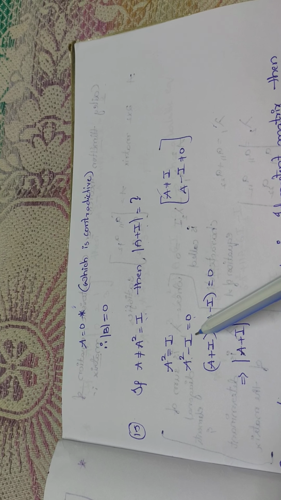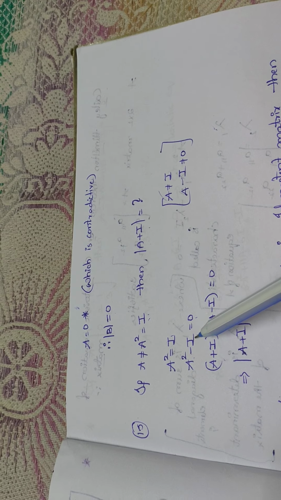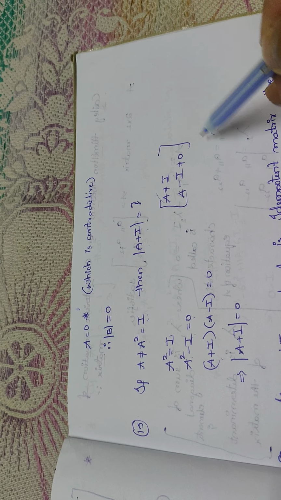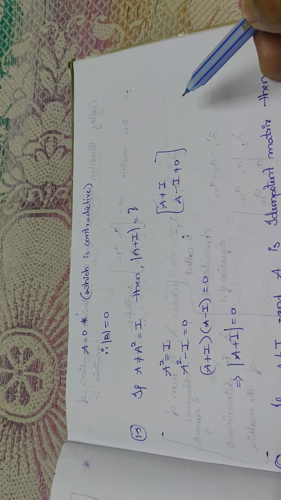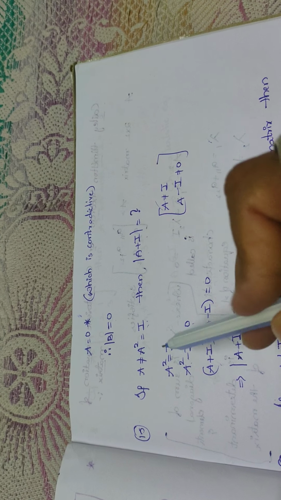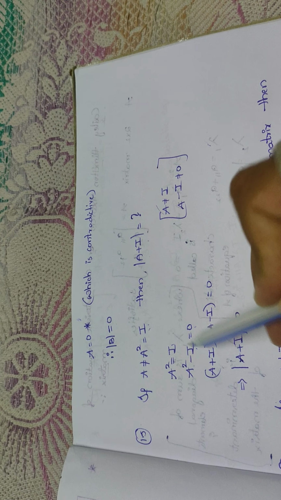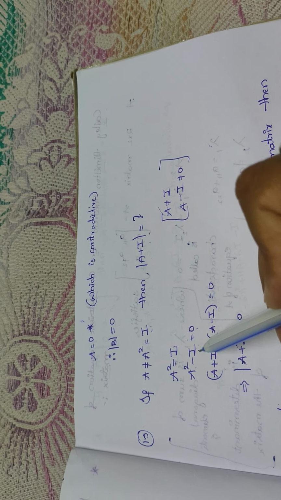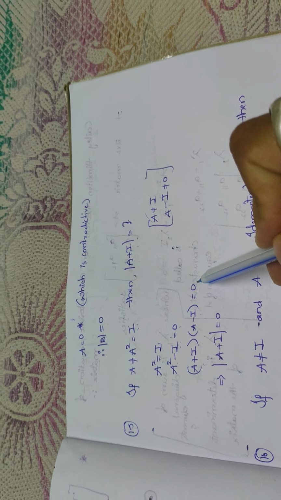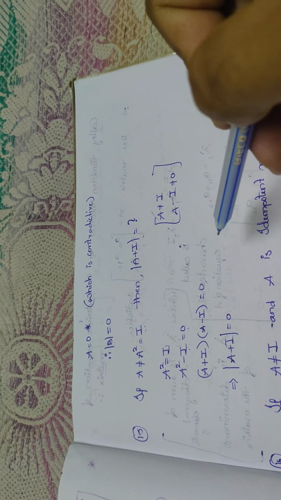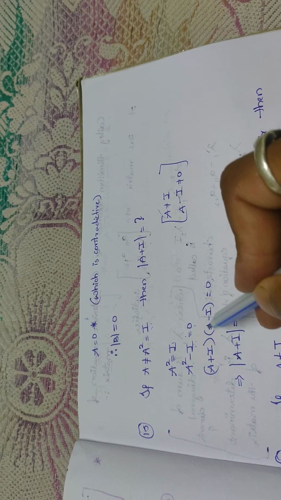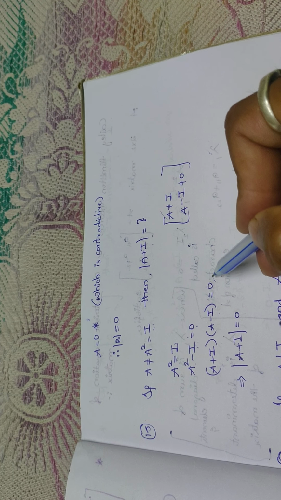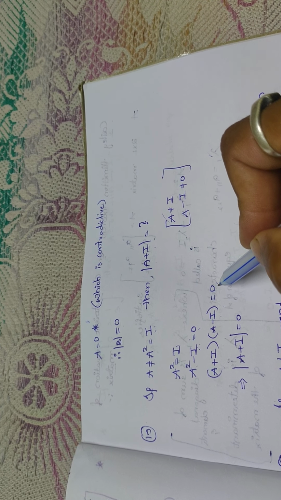A square minus I means A plus I into A minus I. In matrices also I square is nothing but I only. So you can write A plus I into A minus I is equal to O. Both sides apply determinant: determinant of A plus I into determinant of A minus I is equal to 0.